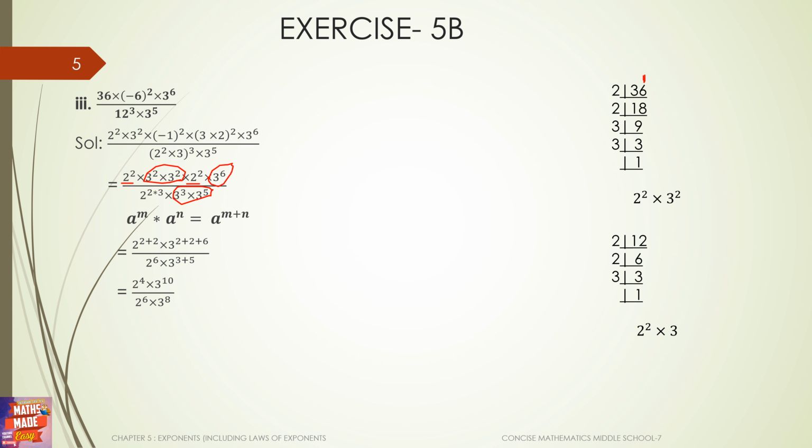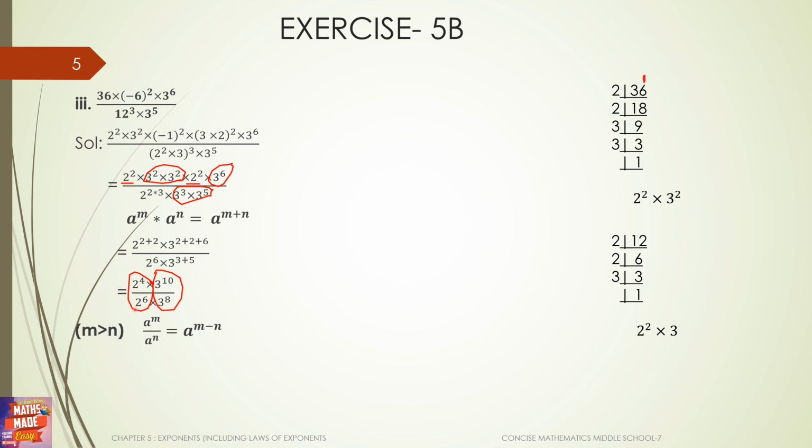Now you can apply a to the power of m by a to the power of n formula. See here, it is in the form of a to the power of m by a to the power of n, and you have to check the condition, whether m is greater or n is greater. 4 is considered as m and 6 is considered as n.